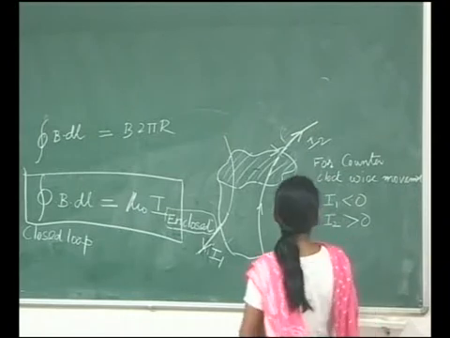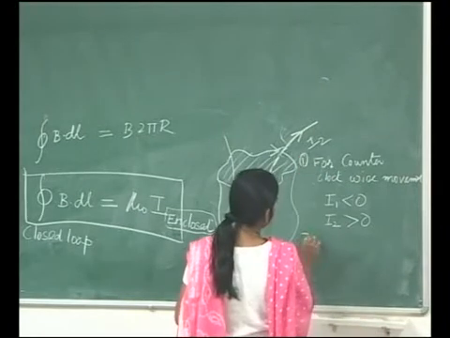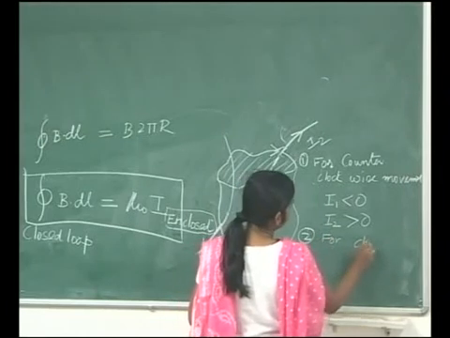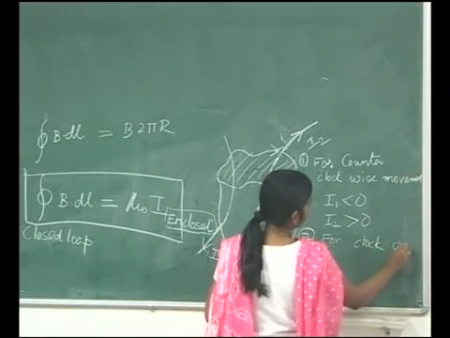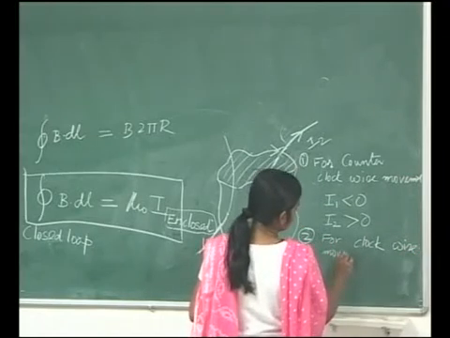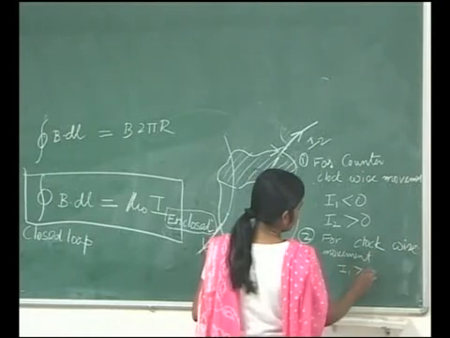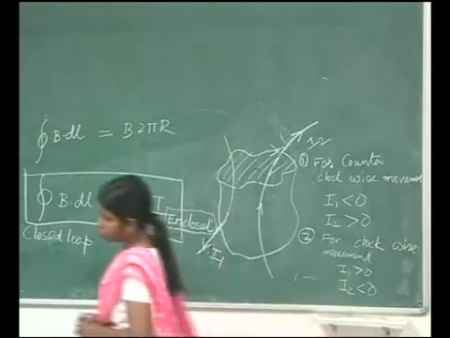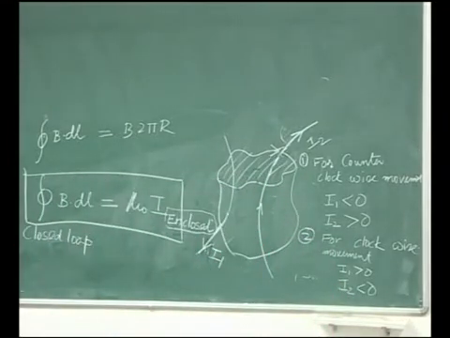This is case 1, this is case 2. I can say for clockwise movement, I1 is greater than 0 and I2 is less than 0. Okay. So this is your Ampere's law.